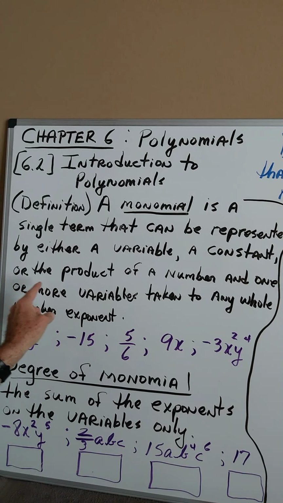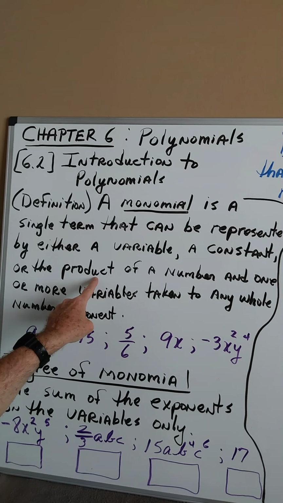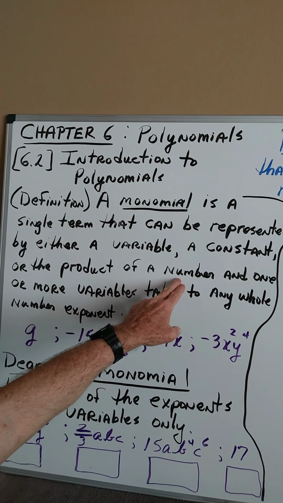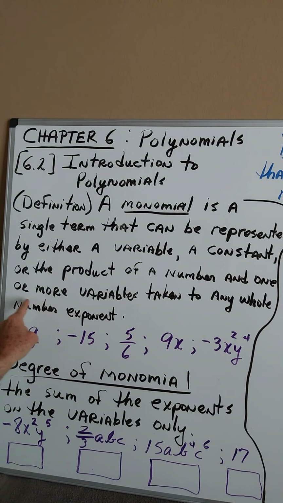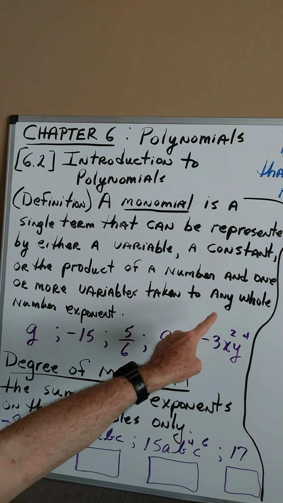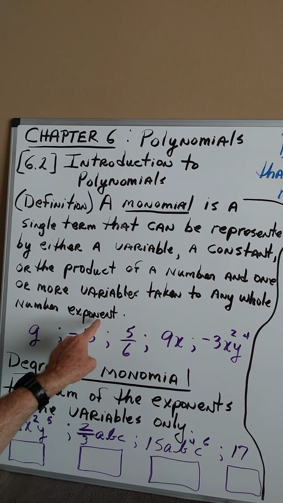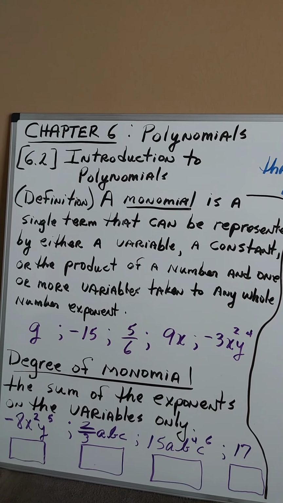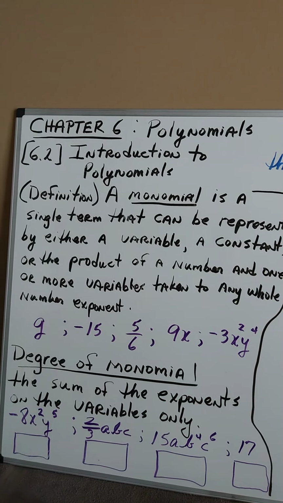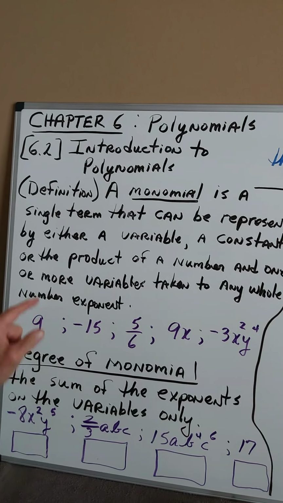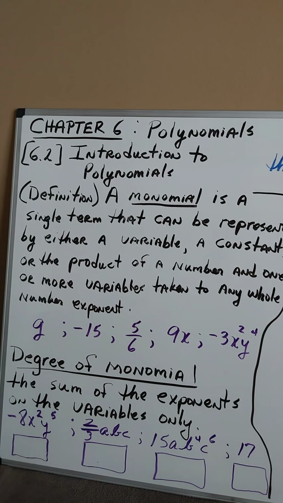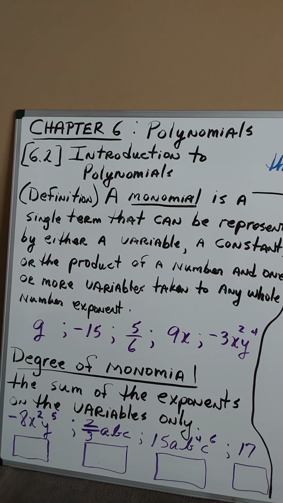Or the product, meaning multiply, of a number and one or more variables taken to any whole number exponent value. Now we're going to take a look at some examples of monomials, and as we do, I'll refresh your mind with how a monomial can be represented.